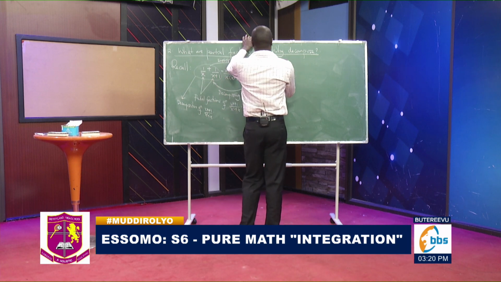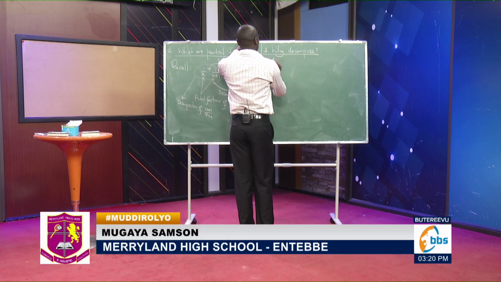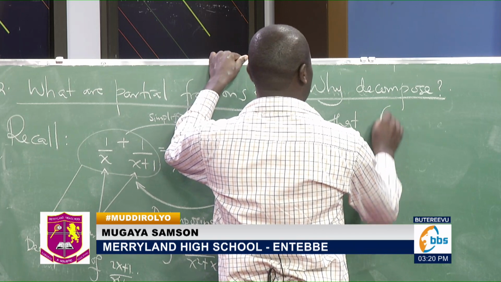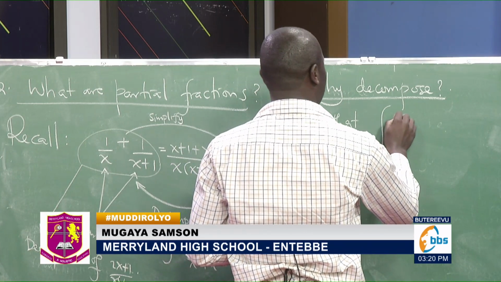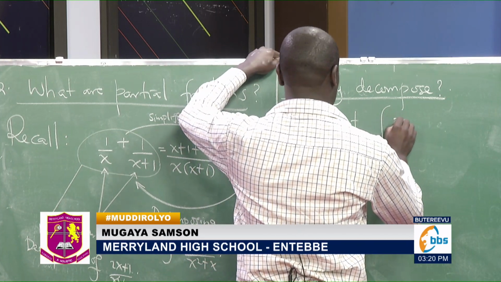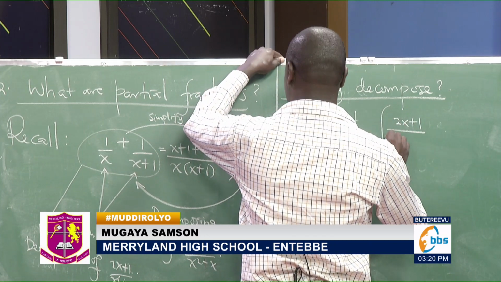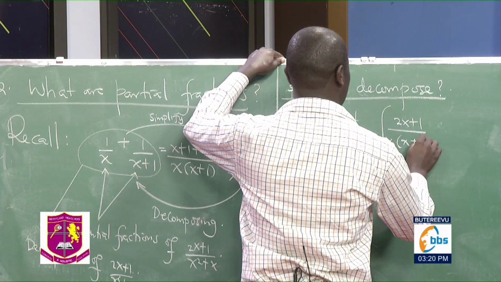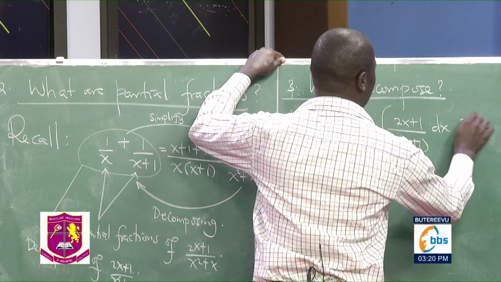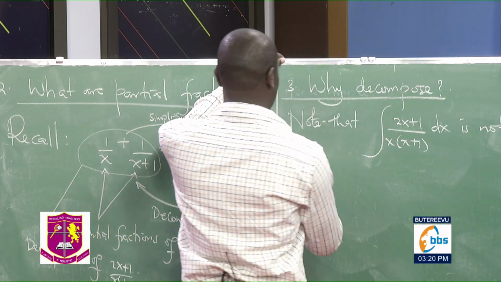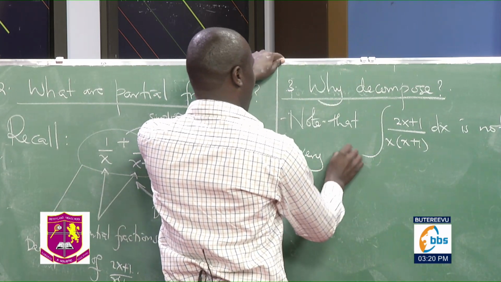Now, you will note that this guy here, for example, the integral of 2x plus 1 over x into x plus 1 dx, is not very obvious.